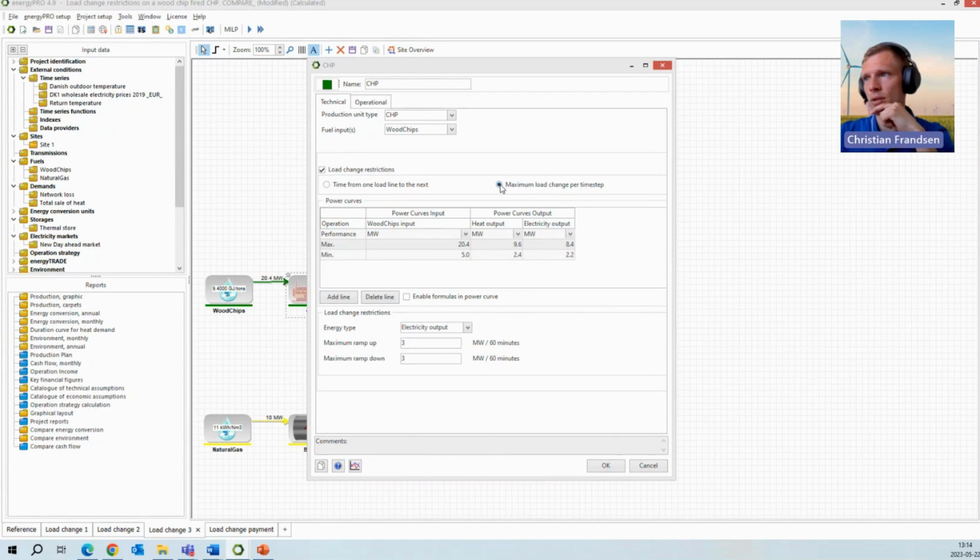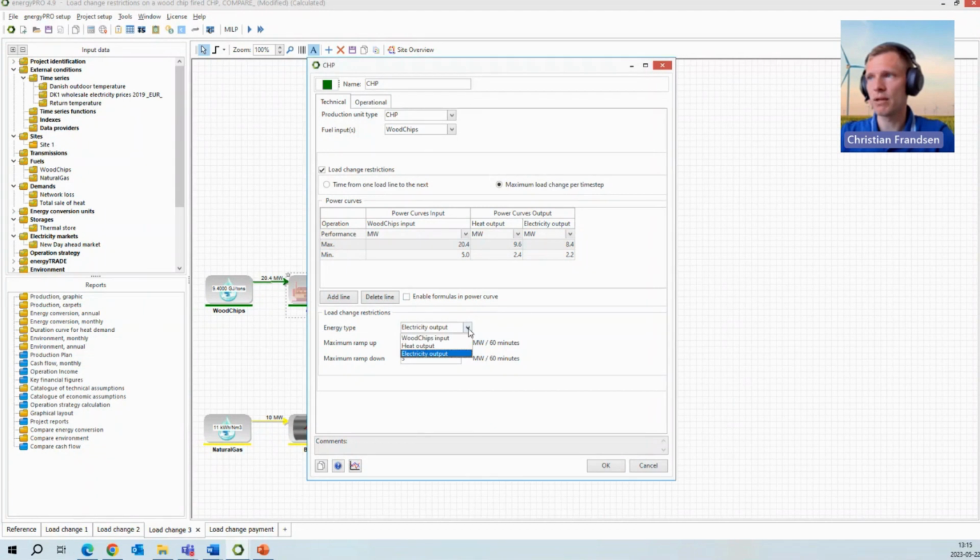When selecting this one, these options down here below the power curves get visible, and down here you can specify how fast you can ramp up and down one of the energy types listed in the power curves.